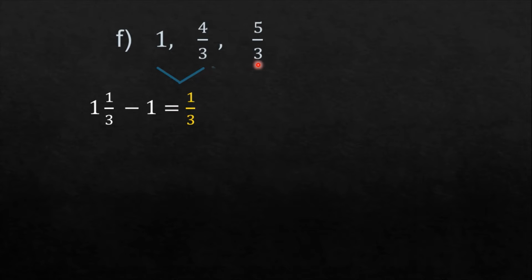Let us try the third term minus the second term. 5/3 minus 4/3. Madali nang i-subtract ito kasi same naman ang kanilang denominator. So, simply copy the denominator and subtract the numerators. So, we have 1/3. Therefore, the given sequence is an arithmetic sequence wherein the common difference is 1/3.